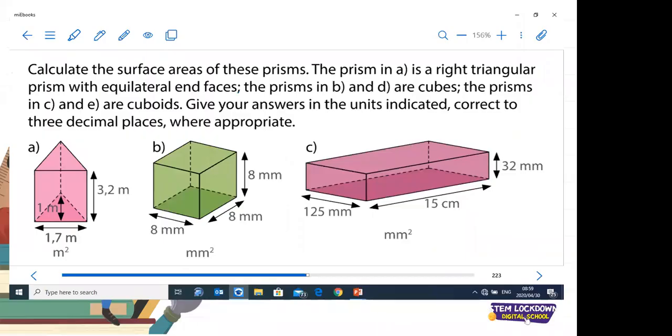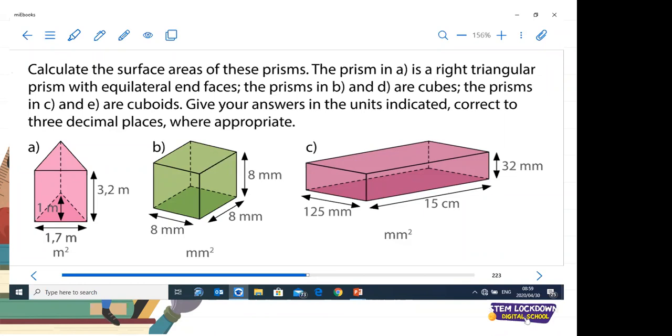Now I've got 3 different prisms. The first one is a triangular prism, which is followed by a cube. And the last one is a cuboid, also known as the rectangular prism.